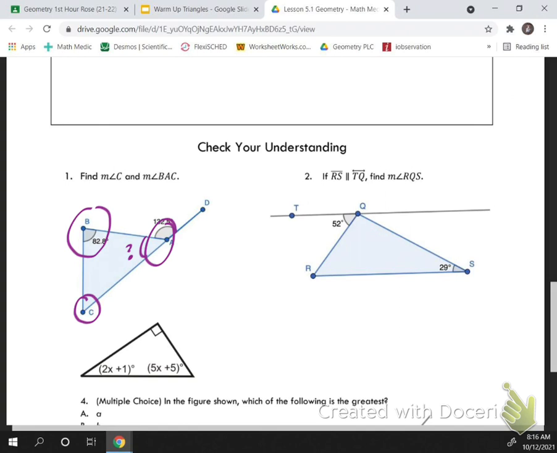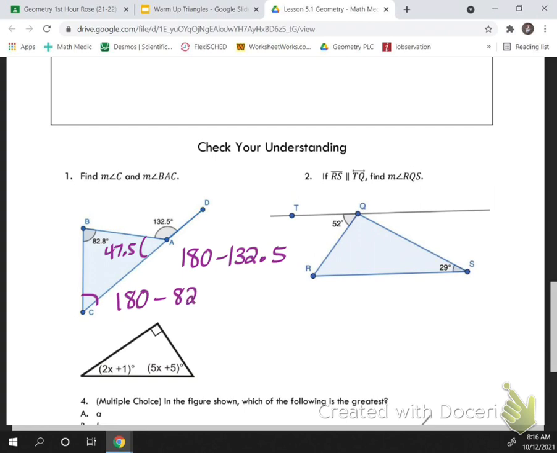How would I find this first one? Right, 180 minus 132.5. Just add them and subtract that from what? Okay, great. Do it. We're going to take 180 minus the two angles that we know, because we know a triangle adds up to 180.